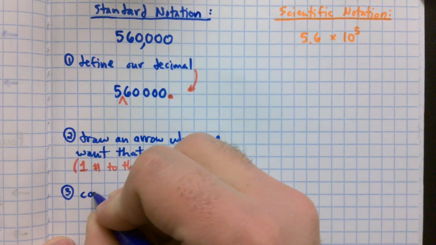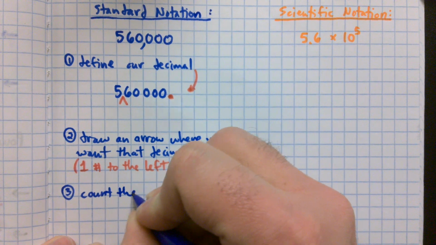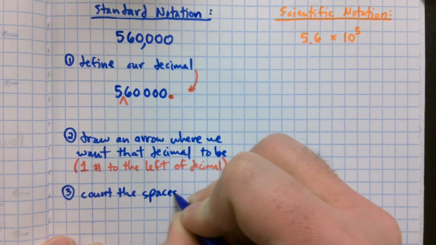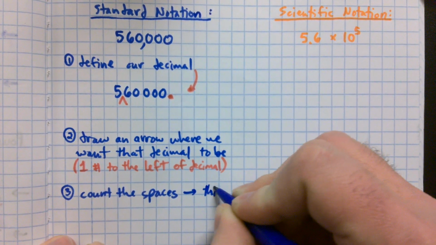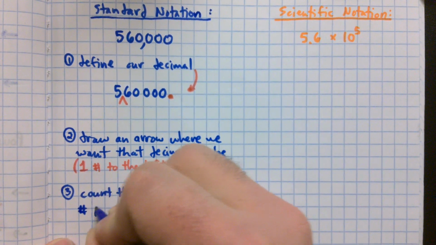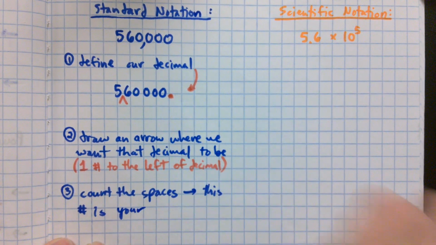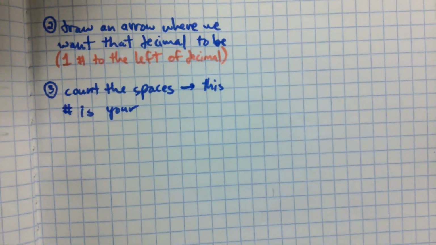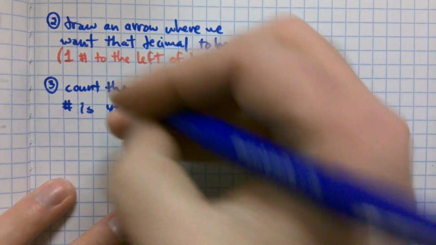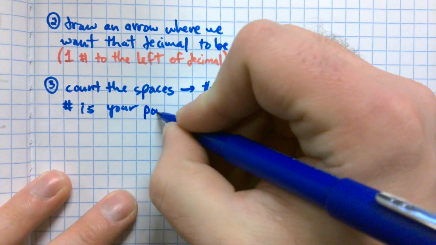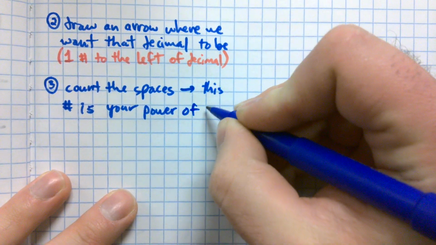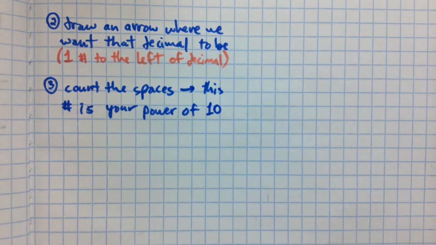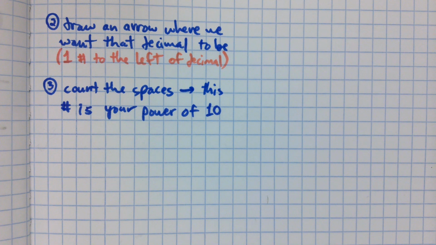After that, we're just going to count the spaces. However many spaces we move, this number is your power of 10. We move it 3 spaces, 10 to the power of 3. If we move it 10 spaces, 10 to the power of 10.